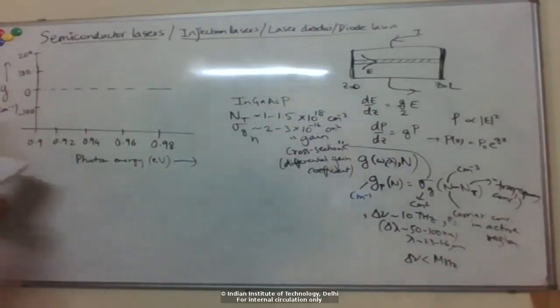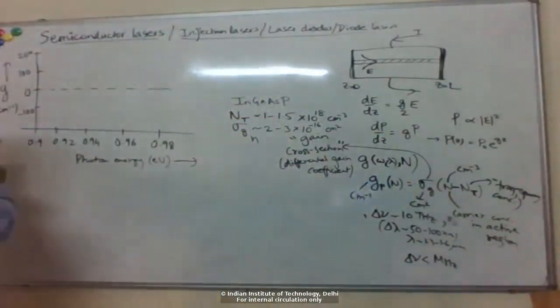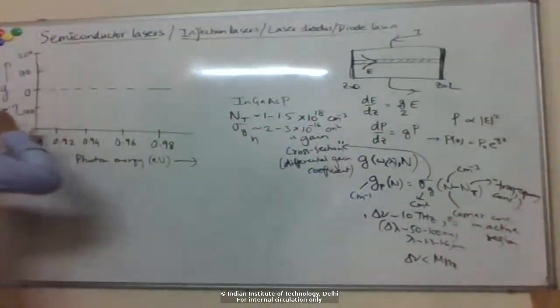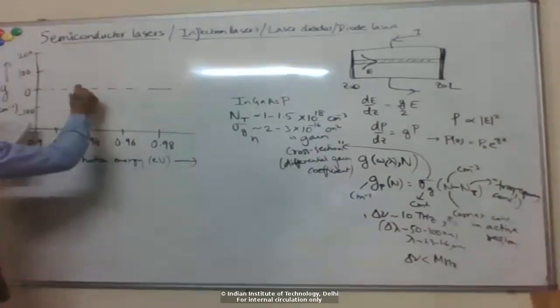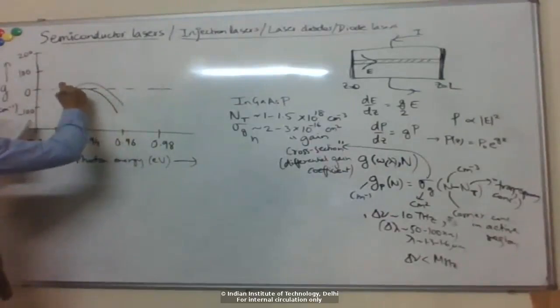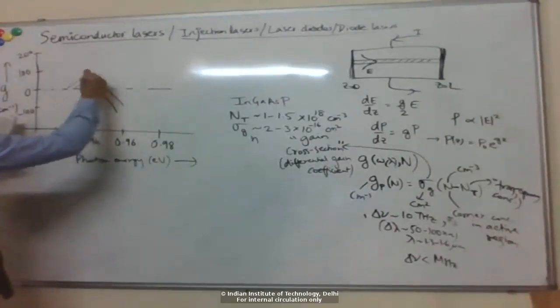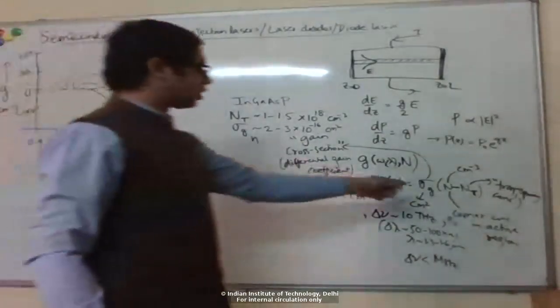As we change the carrier concentration N, this gain keeps increasing. These are for different values of N, or different values of current.